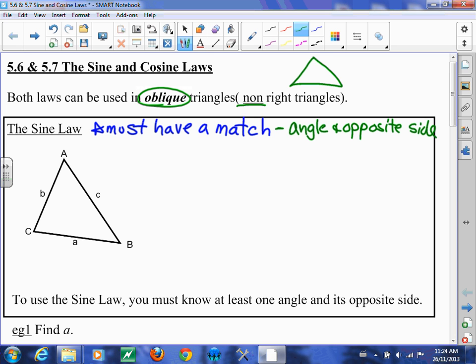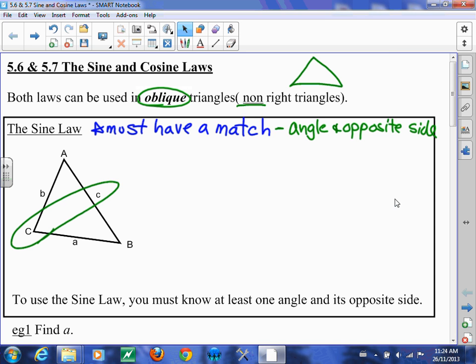Maybe your teacher last year made you circle that and say, hey, there's a match, because maybe this angle's given and maybe that side length's given. Once you have a match, you can hopefully have another piece of information to solve another part of the triangle. The sine law is based on proportional ratios.